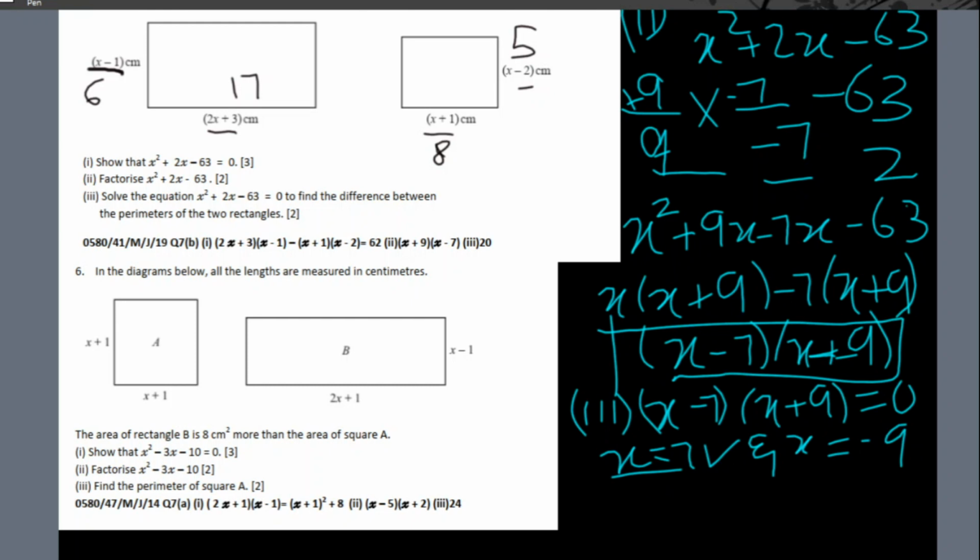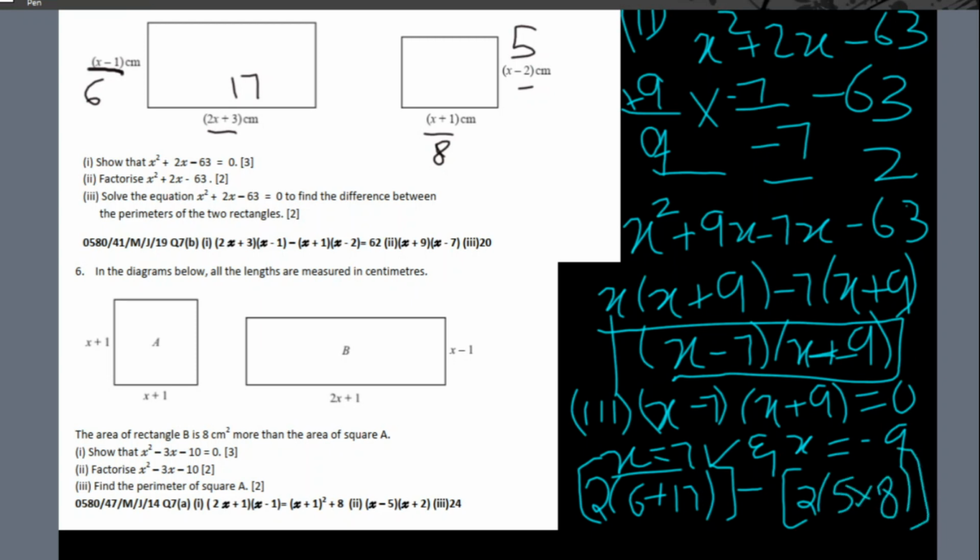So I'll use 2 times 6 plus 17, which is the perimeter of the first rectangle, minus 2 times 5 plus 8. So we get 6 plus 17 times 2, which is 46, minus 2 times 5 plus 8.